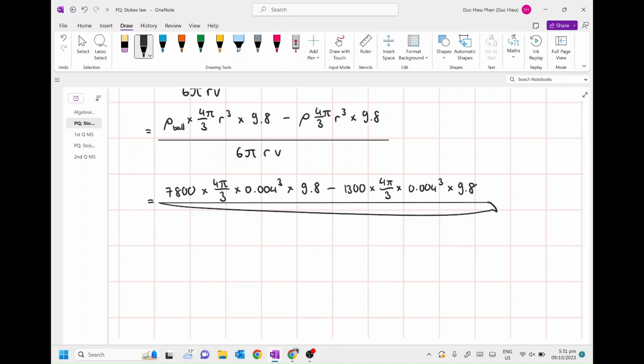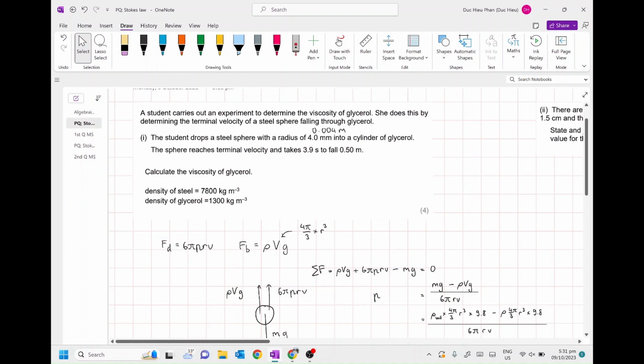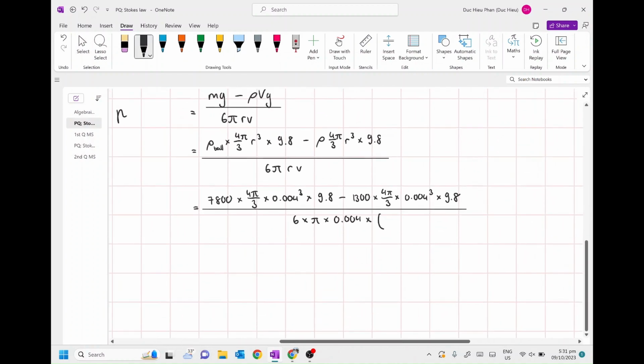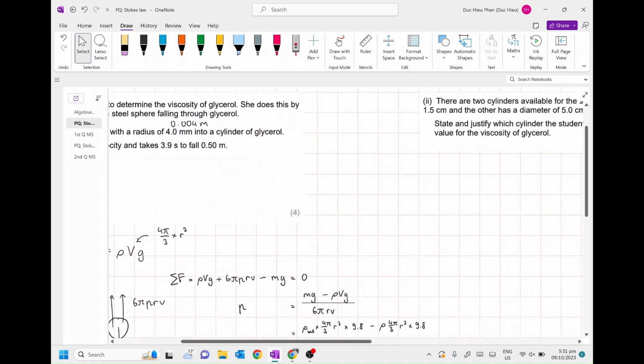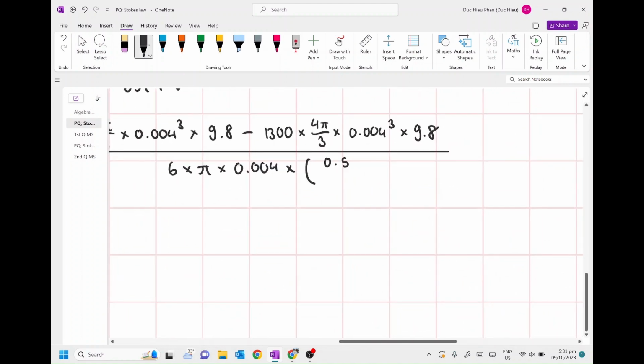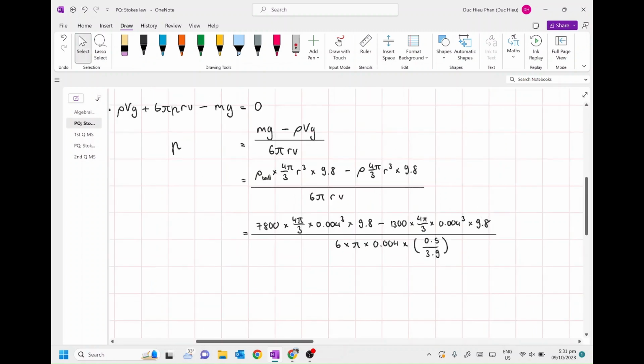This is all over 6 times pi times 0.004 times the velocity of the ball. Oh, we haven't found the velocity of the ball. Okay, we can just equate it as 0.5 meters in 3.9 seconds. There we go.